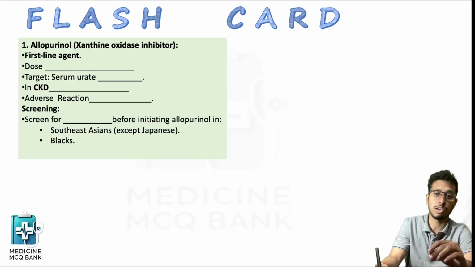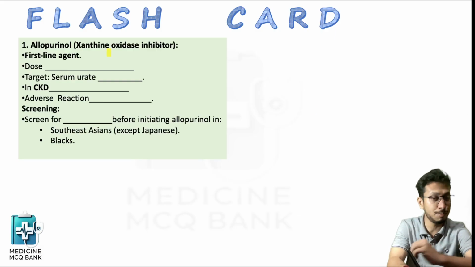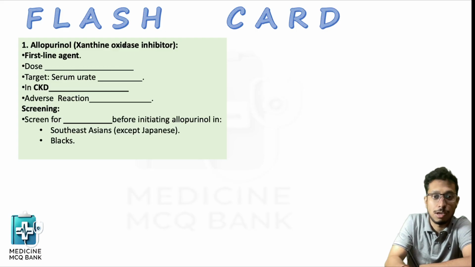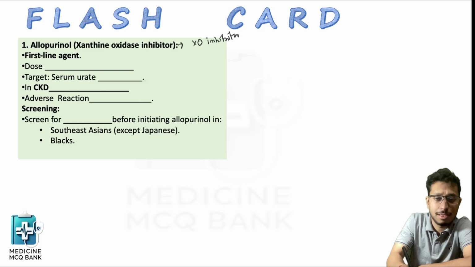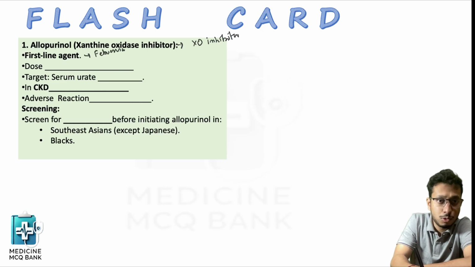Now, moving into urate lowering therapy, the first and foremost, most important one is allopurinol. Allopurinol is a xanthine oxidase inhibitor. It is the first line agent along with febuxostat. The dose should be started at around 100 milligram per day, and it should be titrated up to a maximum of 800 milligram, right?